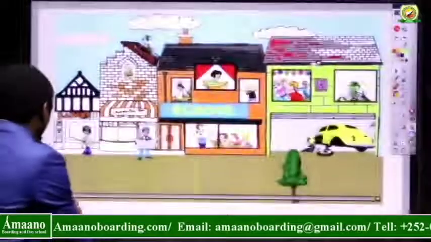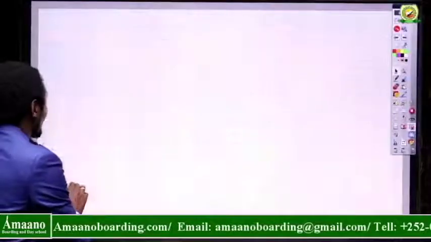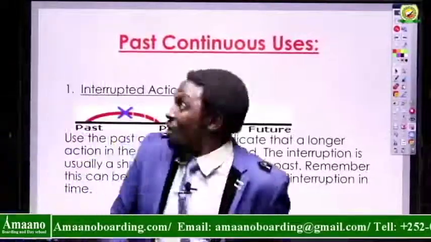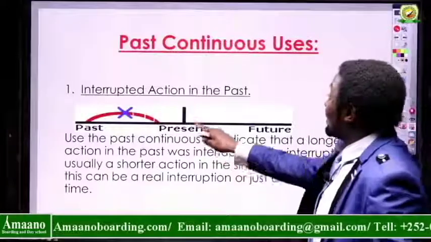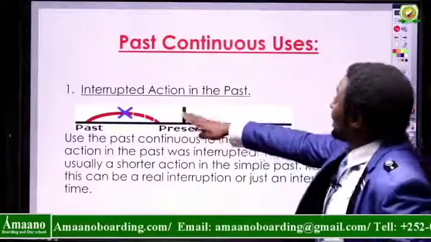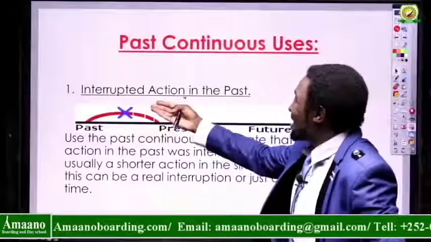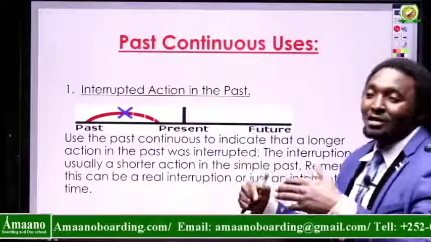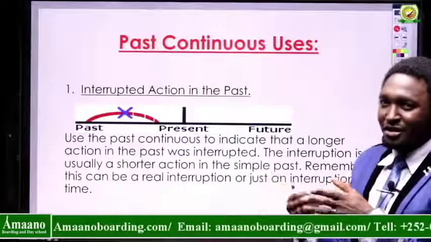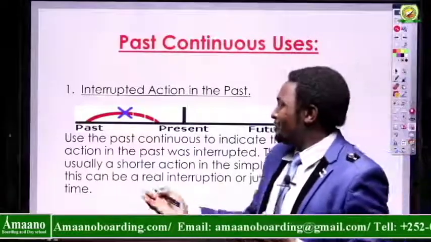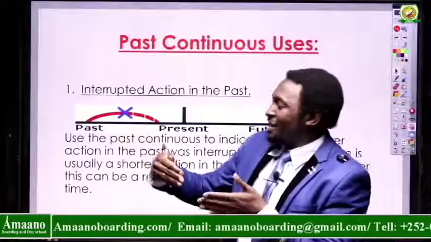Very good. Now, the past continuous tense uses. Number one, it is used to show an interrupted action in the past. An action that was continuing to happen in the past, then it was stopped or interrupted by something, maybe another action.